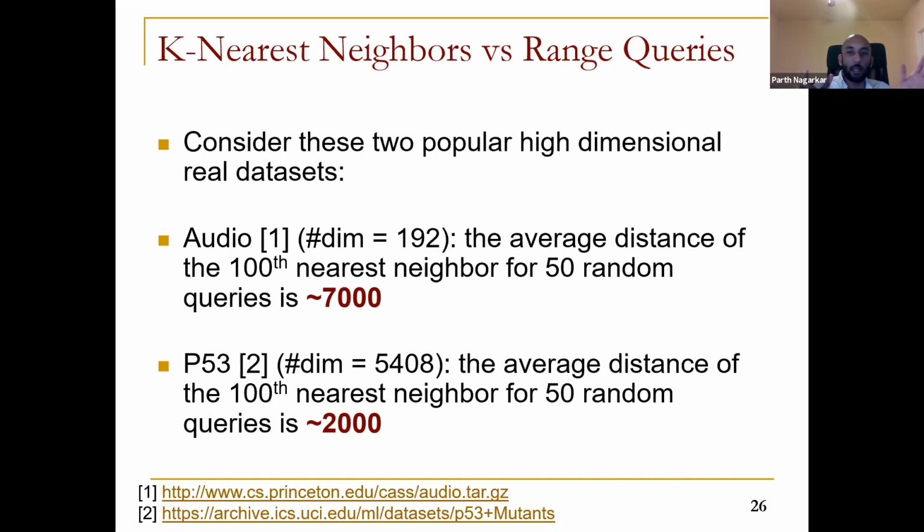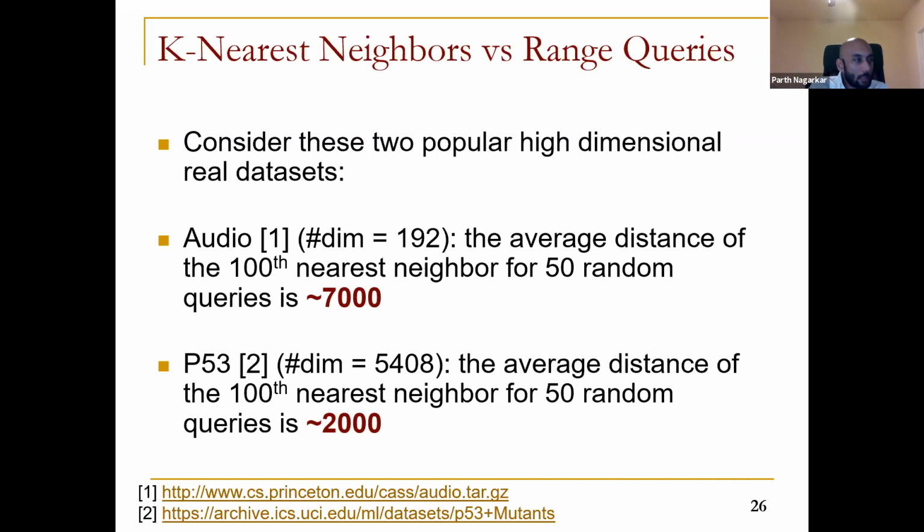For 50 random queries, to find the 100th nearest neighbor, the distance is 7,000. For another data set with completely different dimensionality, the average distance for finding the 100th nearest neighbor is 2,000.